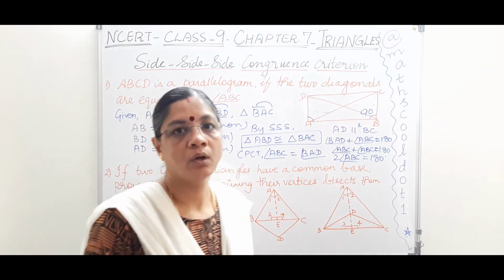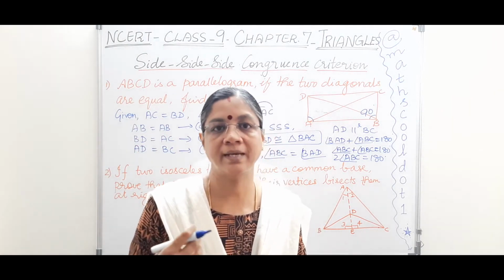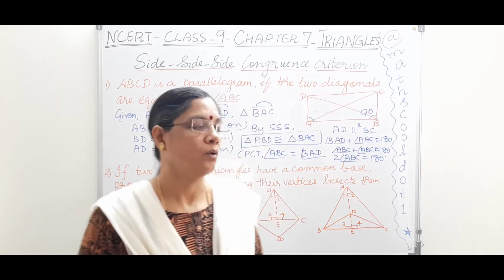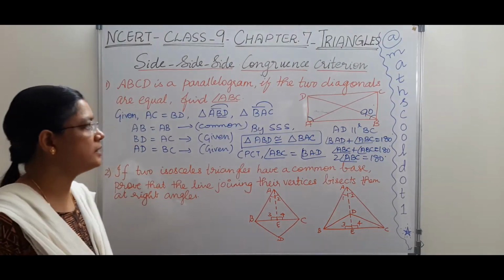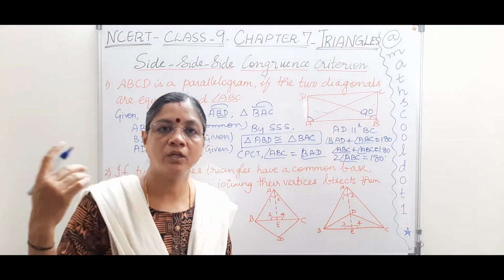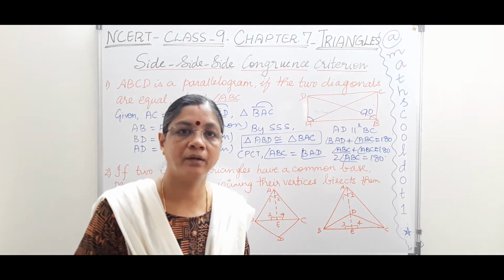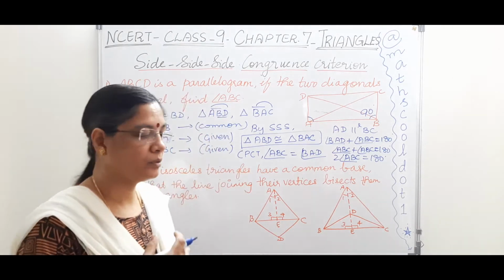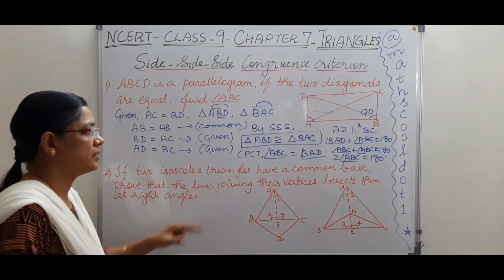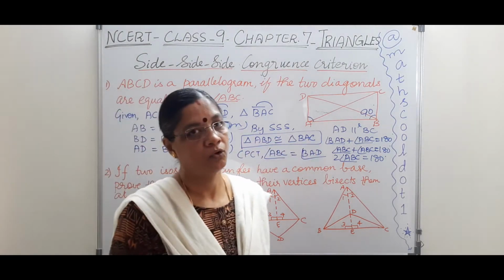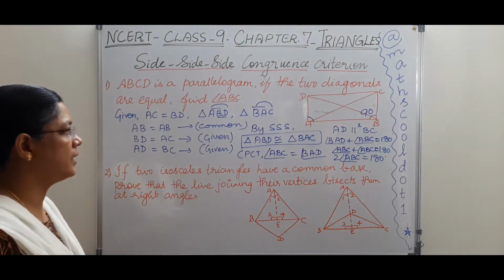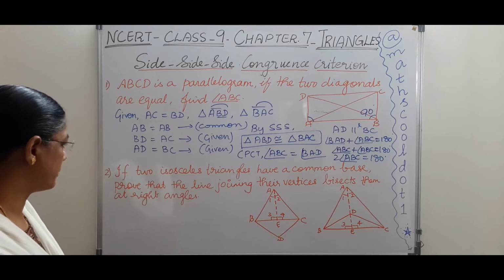This is one of the easiest, very simple criteria compared to the other ones. The SSS criterion is the three sides. We need to prove all three sides of the triangle are equal. For both the triangles, all the three sides have to be equal, and then we can say the two triangles are congruent. Okay, so do check this problem once again and we'll move on to the next problem.